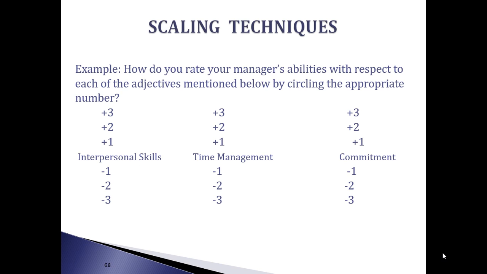For example, the respondents are asked to rate their manager's abilities with respect to each of the objectives mentioned by circling the appropriate number: interpersonal skill, time management, commitment. Select a plus number for an object or item that one thinks describes the concept accurately.